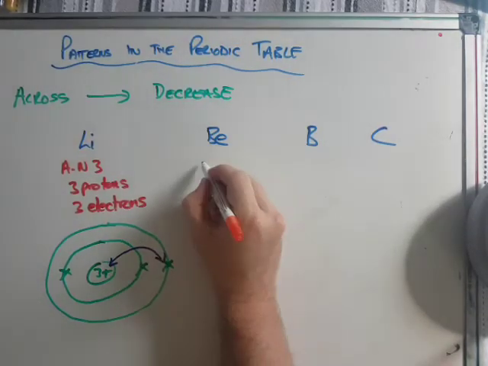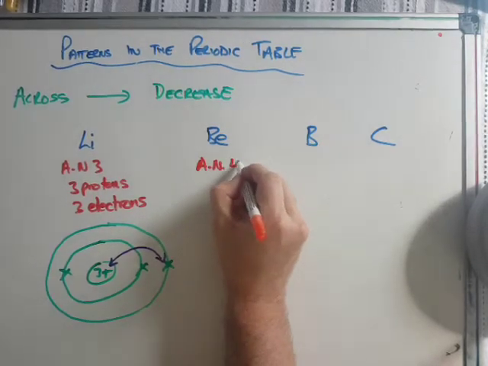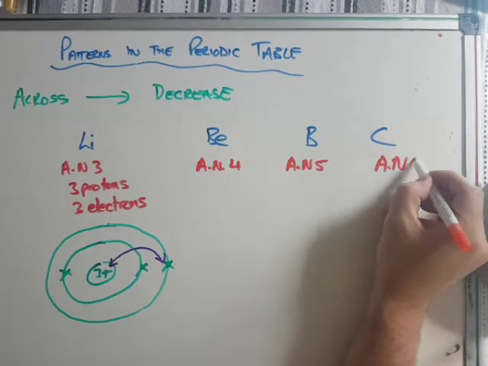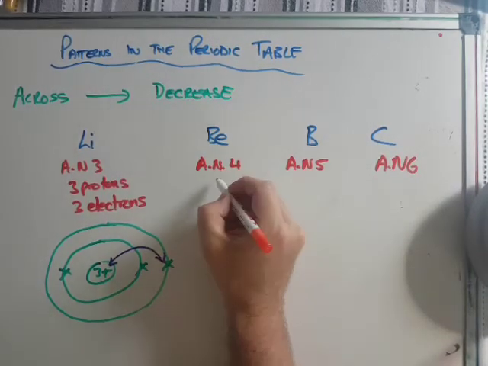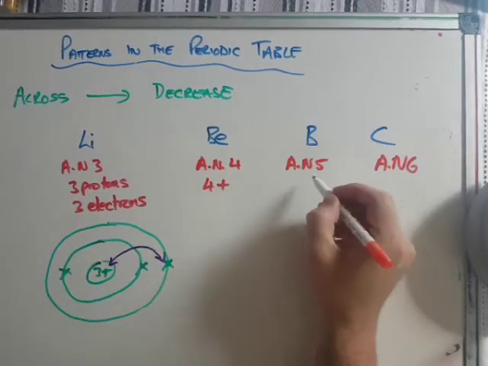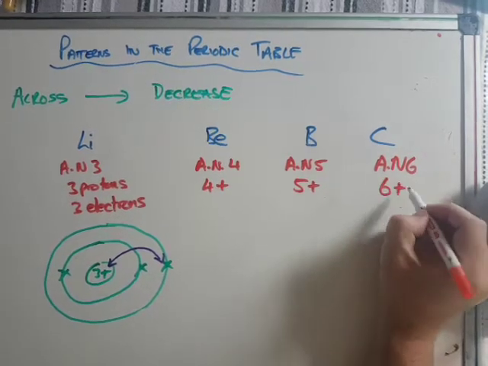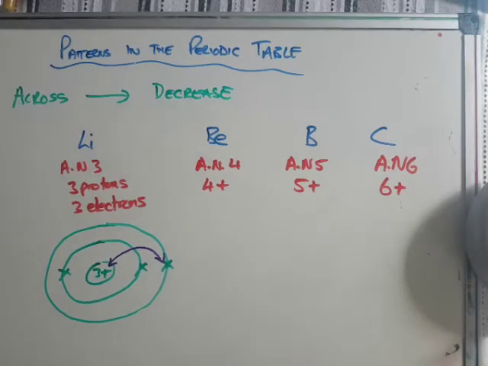Beryllium, atomic number 4, boron, atomic number 5, and carbon, atomic number 6. So what we can think of is your nuclear charge is going up, 4+, 5+, 6+, because the number of protons are increasing.